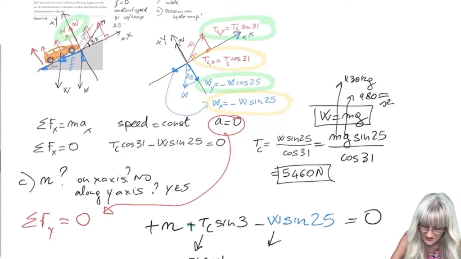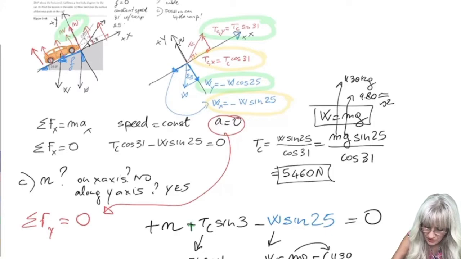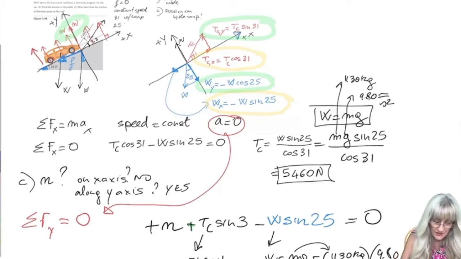The weight is mg, right? So here you plug in like before, the mass is 1130 kilo, and g is positive. So basically, we can indeed solve this equation for the normal.